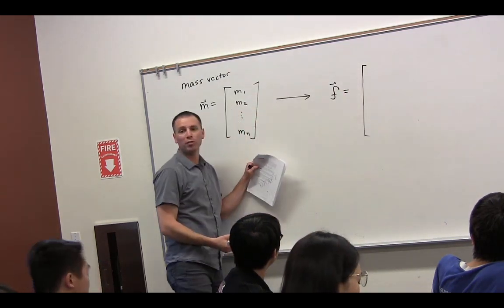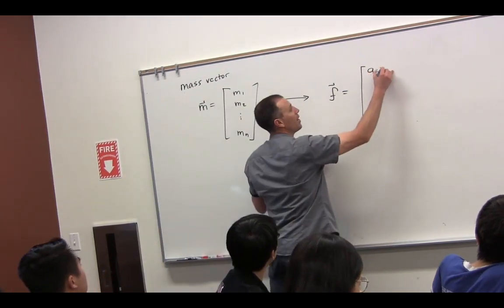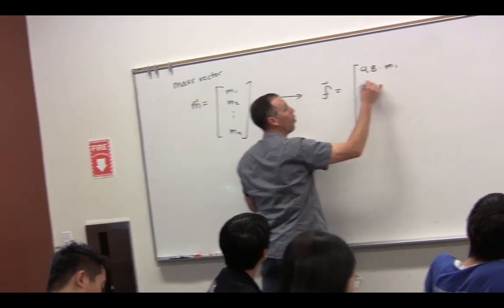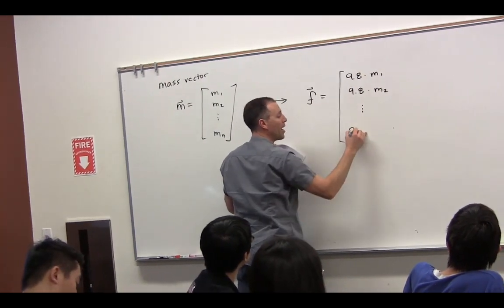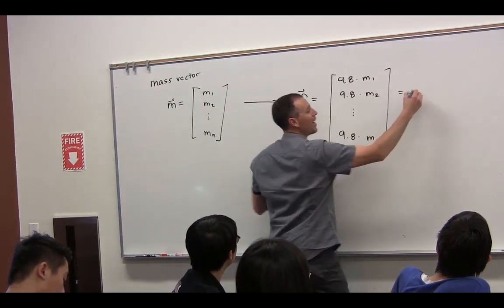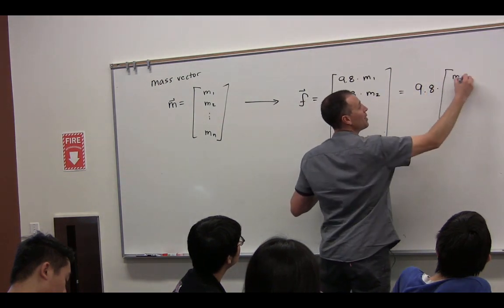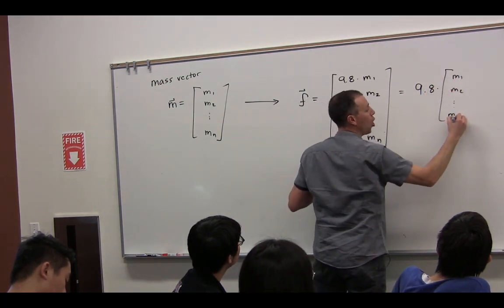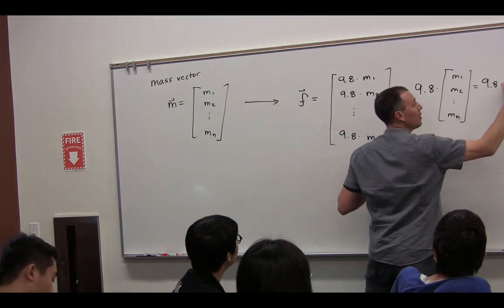Could you guess what the force vector is? It would be 9.8 times m1, 9.8 times m2, all the way down to 9.8 times mn, and that's just 9.8 times the vector m.